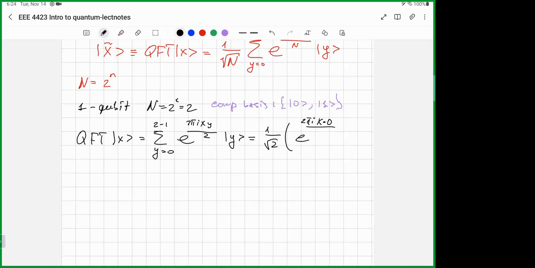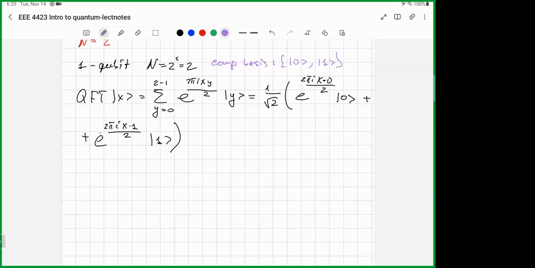So it's 1 over square root of 2 times state 0, and then plus e to the power of 2 pi i x times 1 over square root of 2 state 1. Okay.